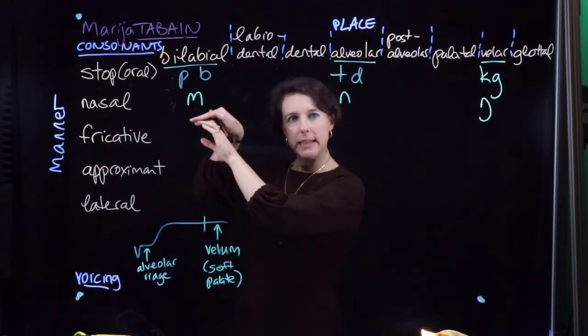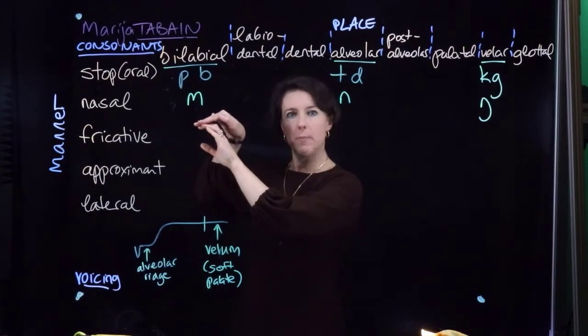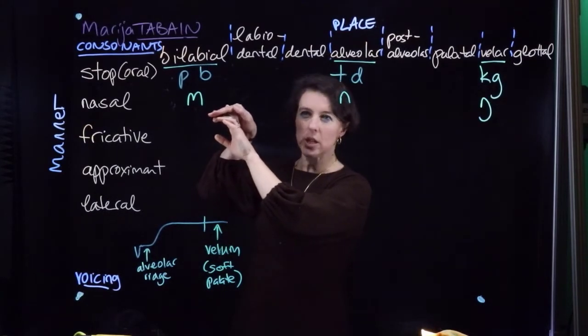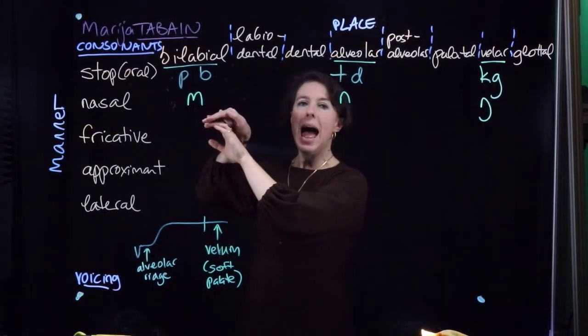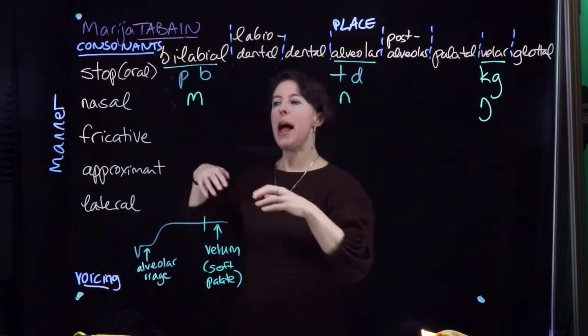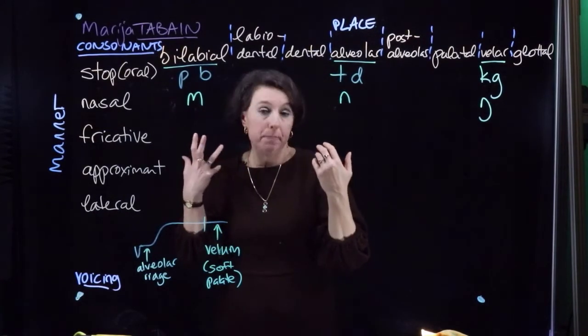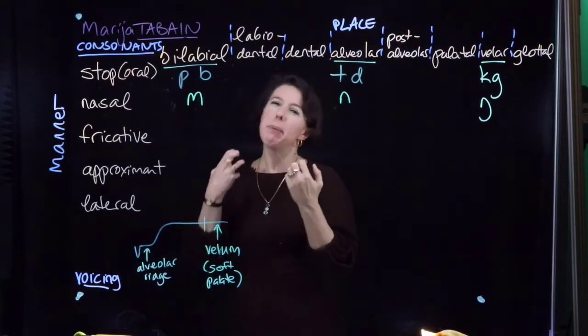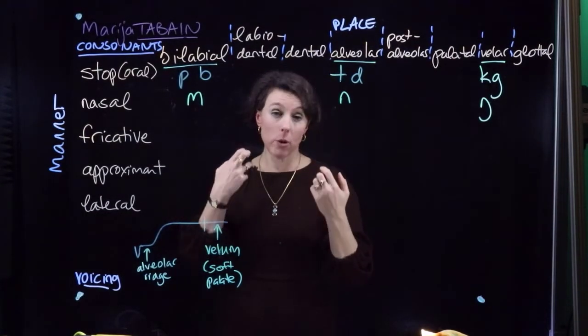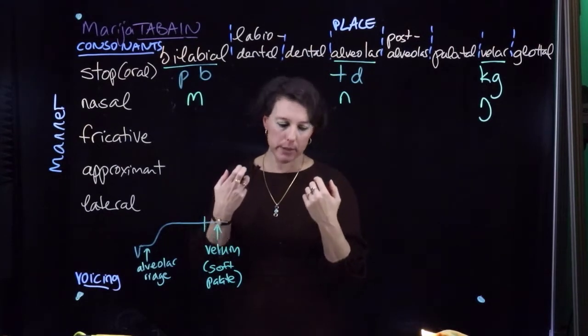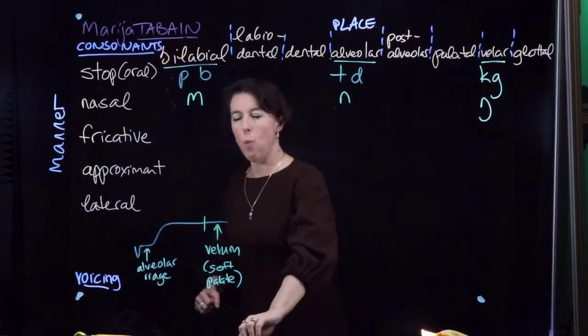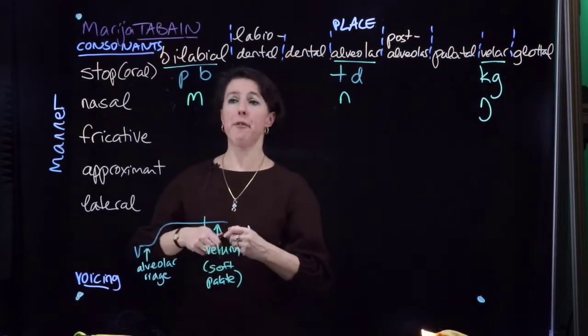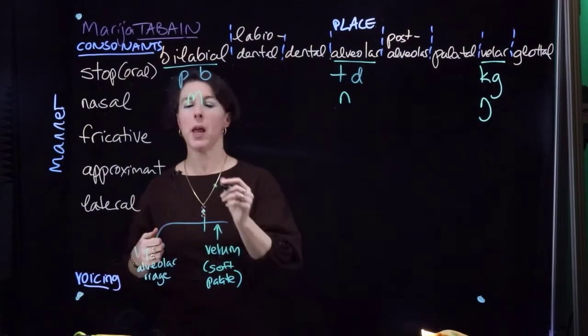Instead of a complete closure, a complete seal, there's this tiny critical passage, and that little constriction allows air to flow through, but because it's so constricted, the air becomes turbulent and the sound becomes noisy. So, what are the fricative sounds of English?